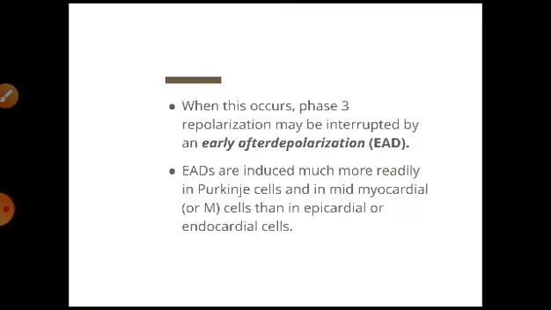So EADs are induced much more readily in Purkinje cells and in mid myocardial cells than in epicardial or endocardial cells. It is telling the priority of where it happens maximum. So EADs happen maximum in the Purkinje cells, then mid myocardial cells, compared to the epicardial and endocardial cells.